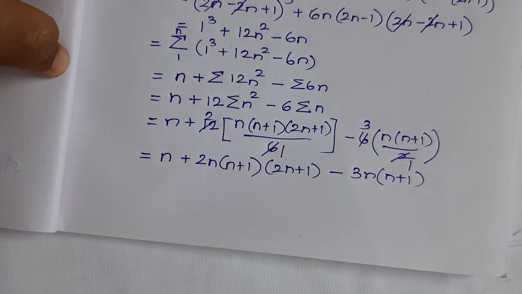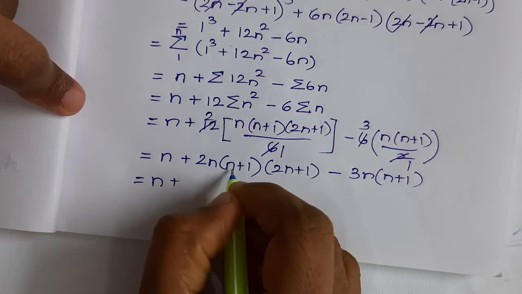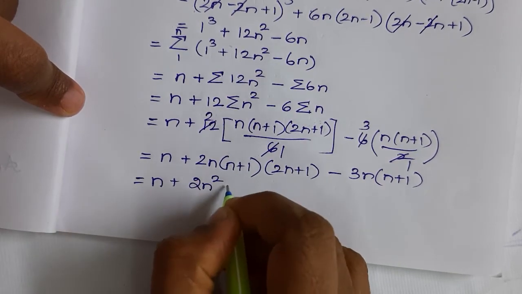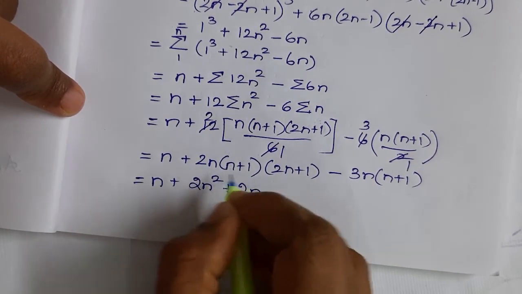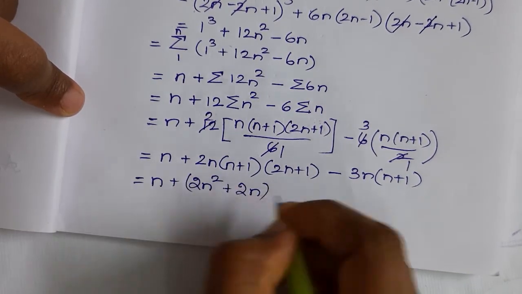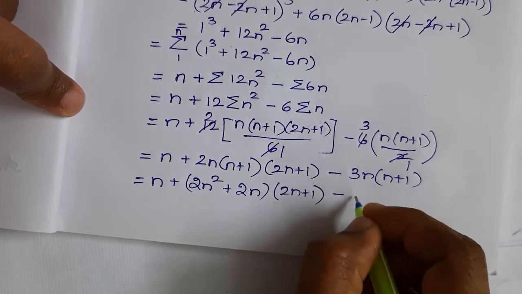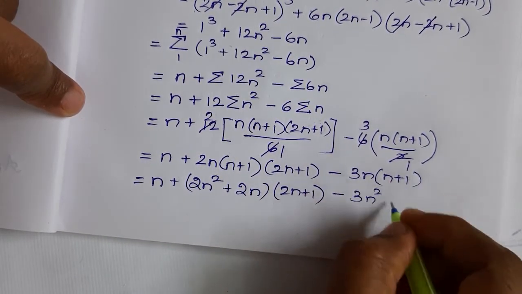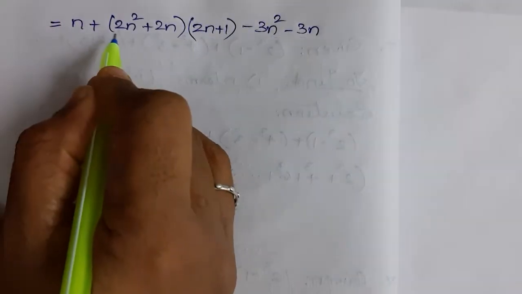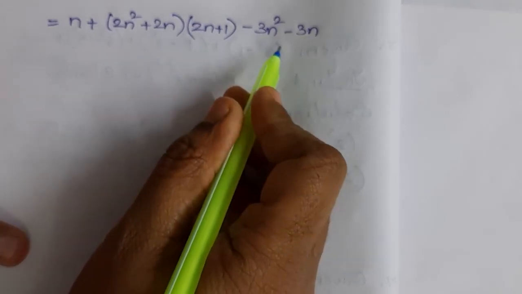Now you have to multiply all these terms within. So n plus 2 into n is 2n squared, plus 2n into 1 is 2n. This term you have to multiply with (2n plus 1), minus 3n into n is 3n squared, plus into minus, 3n into 1 is 3n. So n plus (2n squared plus 2n) into (2n plus 1) minus 3n squared minus 3n.